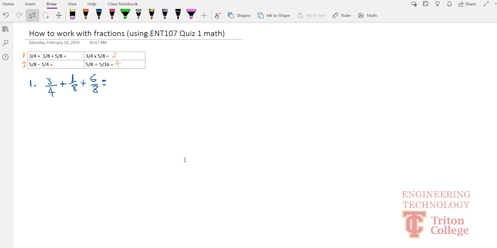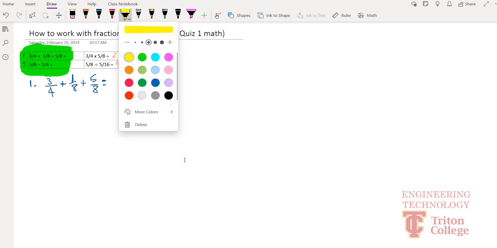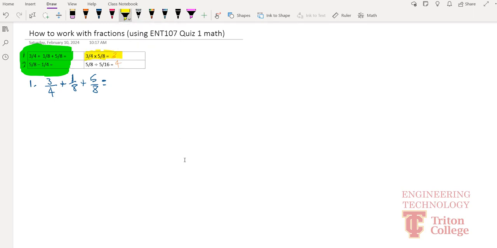First thing you have to remember with any fractions problem when it comes to addition and subtraction. Listen very carefully. When it comes to addition and subtraction, which are these two, okay? The stuff I'm going to show you has absolutely nothing to do with multiplication or division. Remember that. These two over here are handled differently.